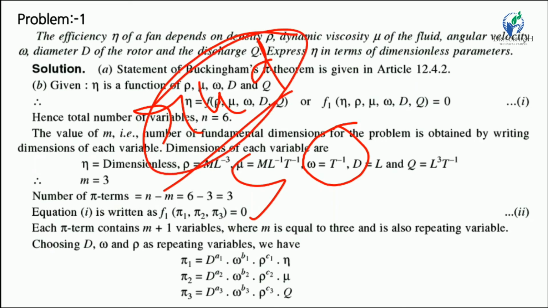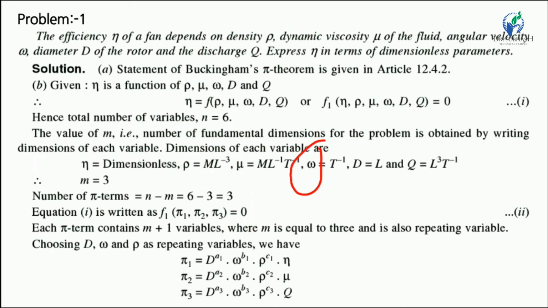So radian is not counted in the fundamental dimensions, only second is counted. So for angular velocity the MLT is T minus 1. So note this MLT of angular velocity. Now for diameter the MLT is L. Discharge is volume per unit time, so L cube T minus 1.